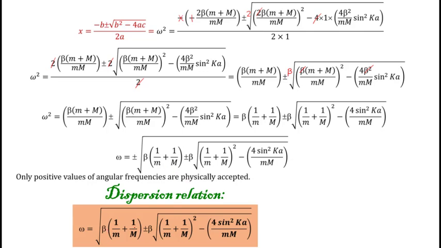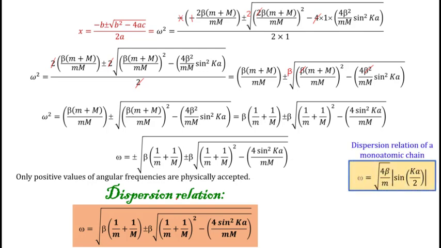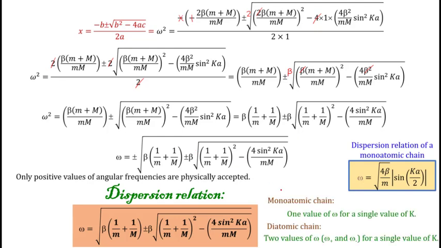If you compare this dispersion relation with the one which we achieved in case of a monoatomic chain, it looks like this. Clearly, for a monoatomic chain, there is one value of omega for one value of k. But here we have two values of omega, one by putting this as positive, which we have marked as omega plus, and the other one taking this as negative, which we can write as omega minus.